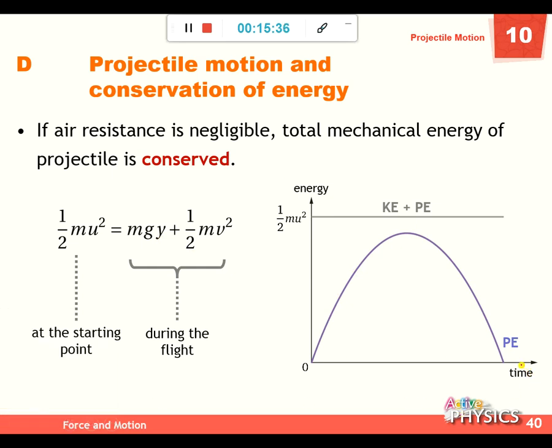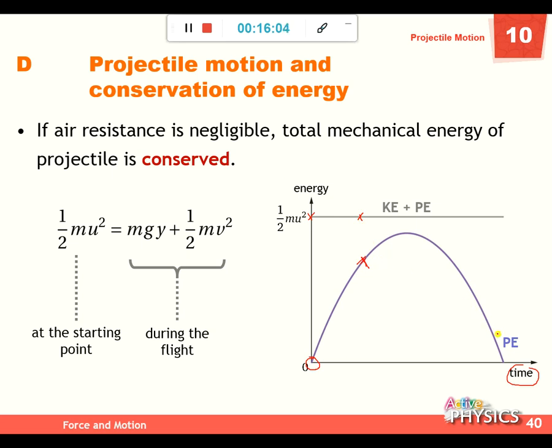This is the time. For time t is 0, the energy should be this. And when it goes to mid-air, for example at this time, you can see mgy plus kinetic energy. Add them together, and by conservation of energy, it should be the same.